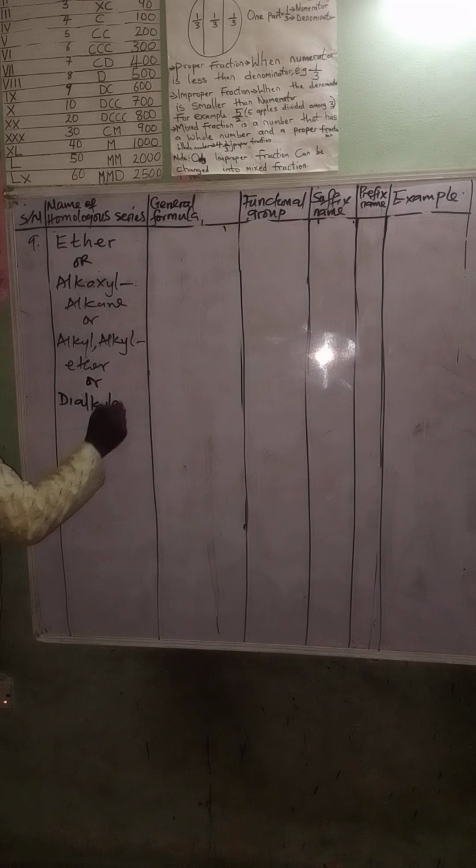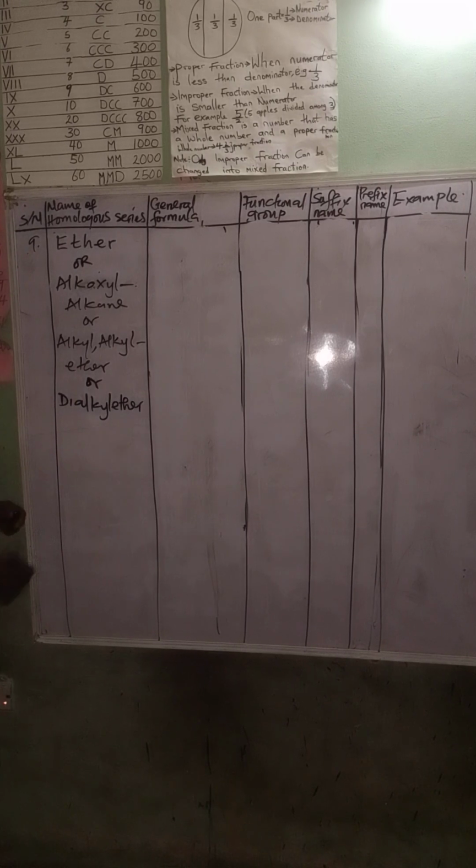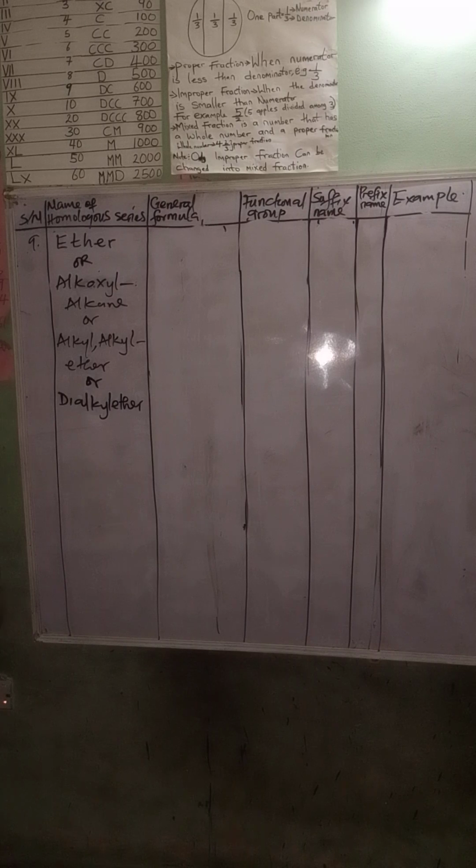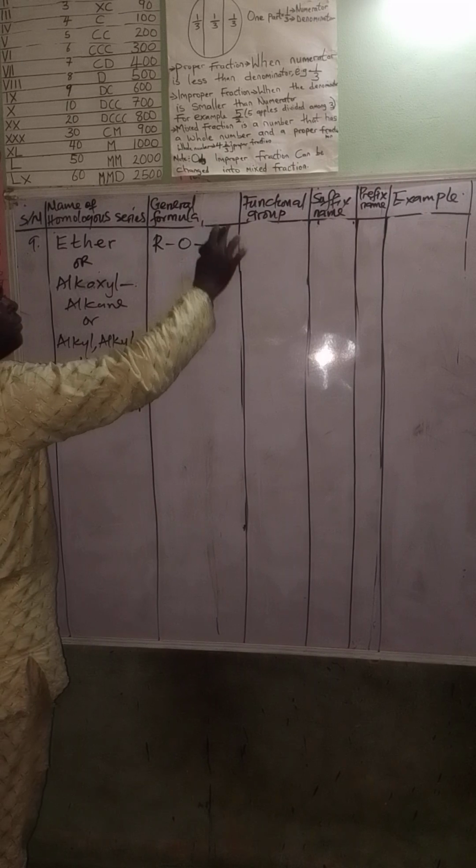These are the names: ether, alkoxyalkane, or dialkyl ether. The general formula of ether is ROR'.